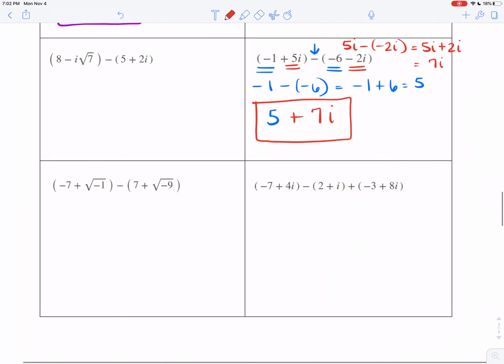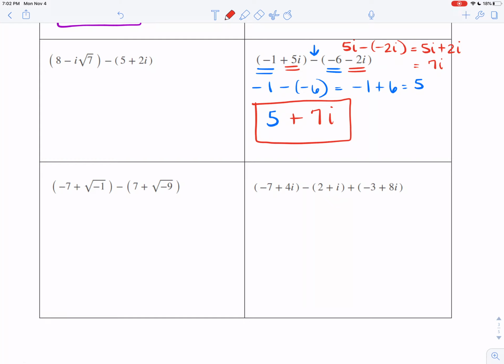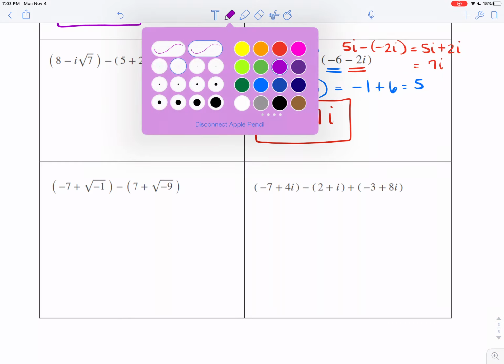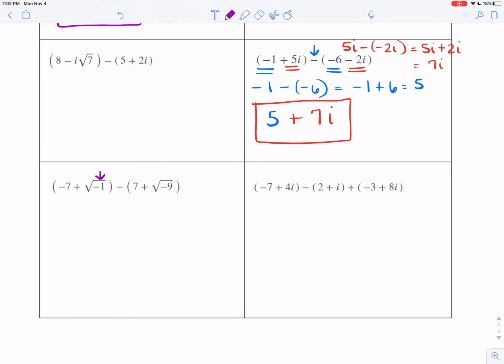One thing I do want to mention is that if you have any negatives underneath the square root, make sure you simplify that, bring out the i before you start trying to add or subtract. And so that's what you're going to see happening here. In this example, the first thing I'm going to do is rewrite this in terms of i instead of the square root of -1.